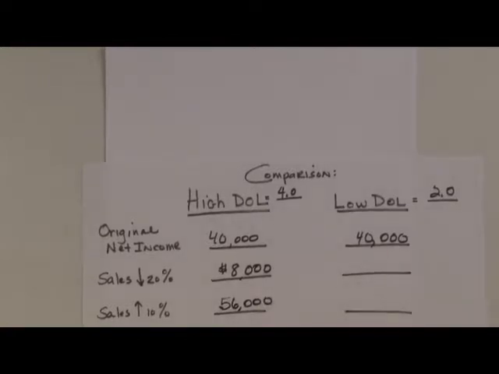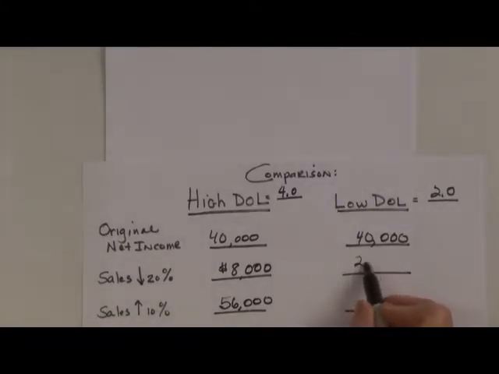And we will log in what we saw happen with the low DOL company. This one, with a 20% drop, ended up at 24. And when sales were increased by 10%, we ended up at 48.